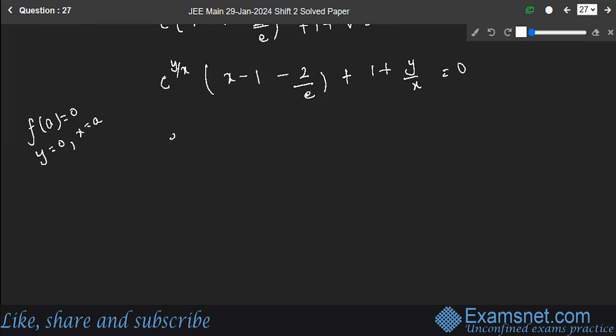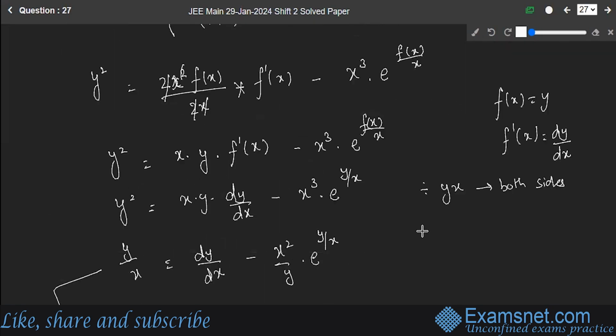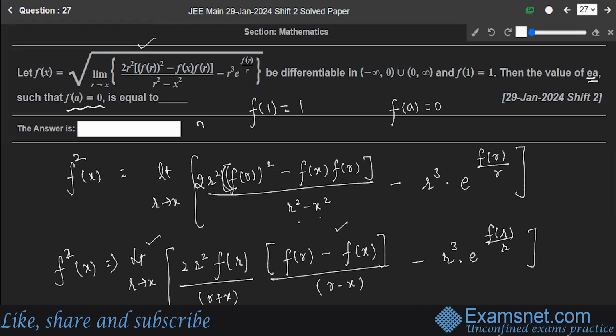So this will give me y is 0, x is a, so a times minus 1 minus 2 upon e plus 1 plus 0 is equal to 0, or a minus 1 minus 2 upon e plus 1 is equal to 0. That gives me a's value as 2 upon e, or a into e is equal to 2. So this is the answer to the question. 2 is the right answer.